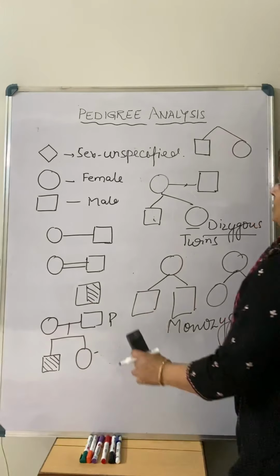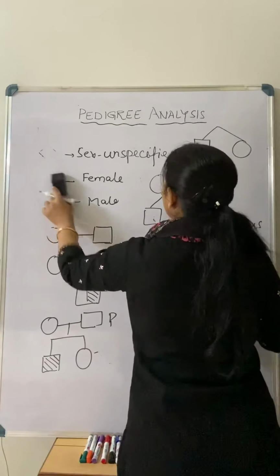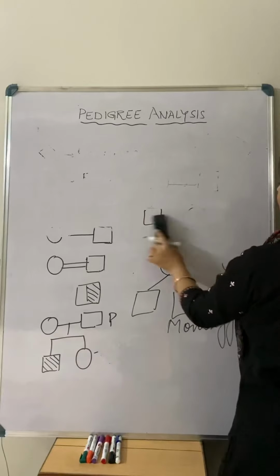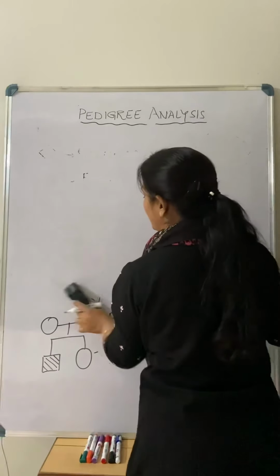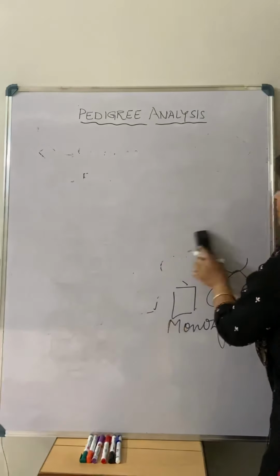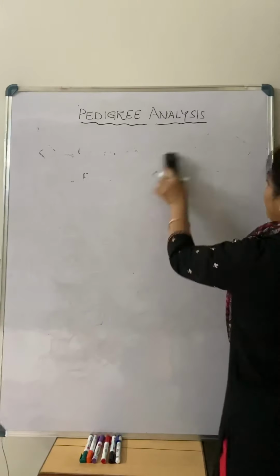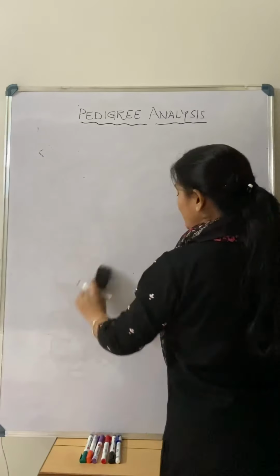Now when we talk about pedigree analysis, what are we actually talking about? We are talking about the inheritance of genes from one generation to the next. In the previous topic we talked about mutation, right?